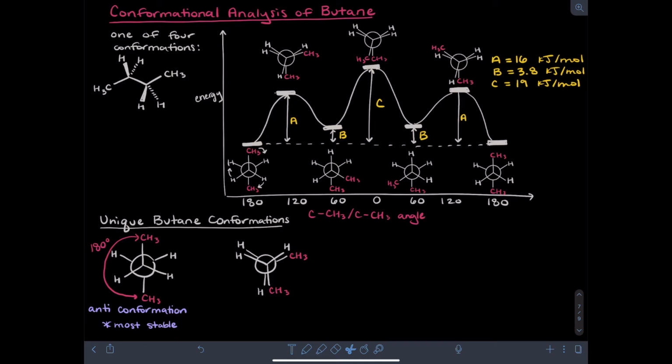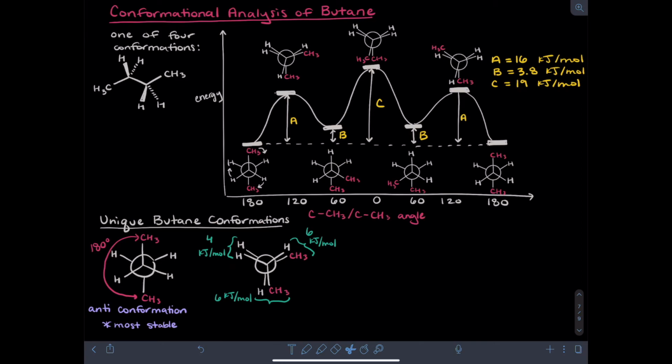Here is one type of eclipsed conformation for butane. In it, I have a CH bond eclipsing a CH bond, and 2 instances of C-methyl bonds eclipsing CH bonds. I could predict the energy of this conformation using values that I got from ethane and propane. Where you have a hydrogen eclipsing another hydrogen, that has an energy cost of 4 kilojoules per mole.